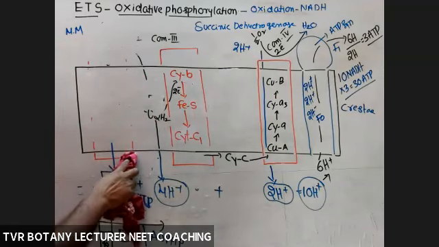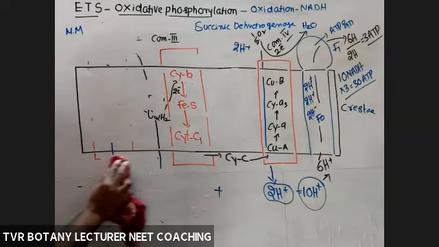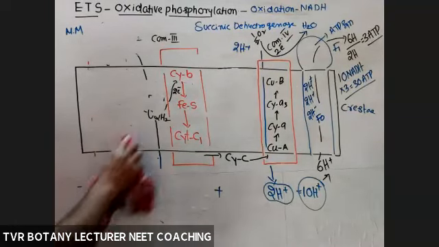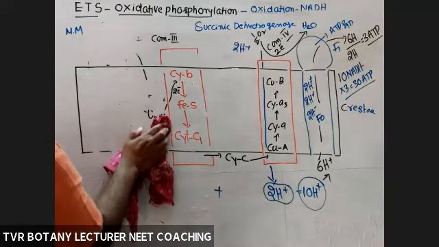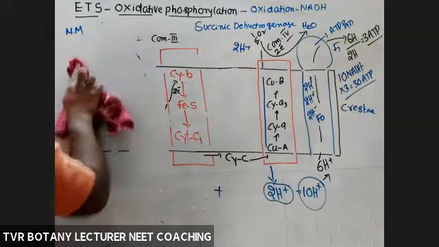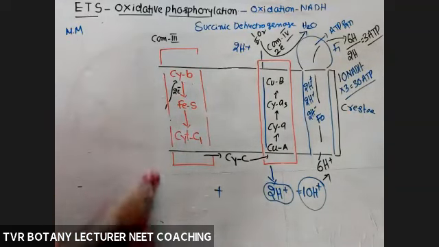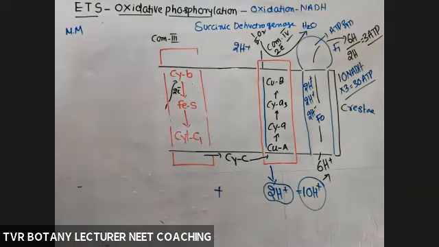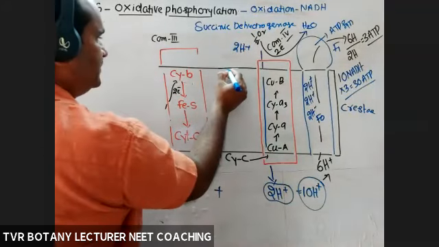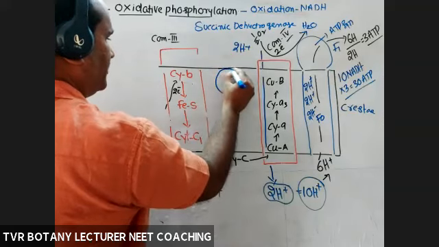So complex 1 is not involved. So remove this one from the picture, as it is in your textbook picture. Remove this one simply. Okay, right? Now, yes, complex 2.